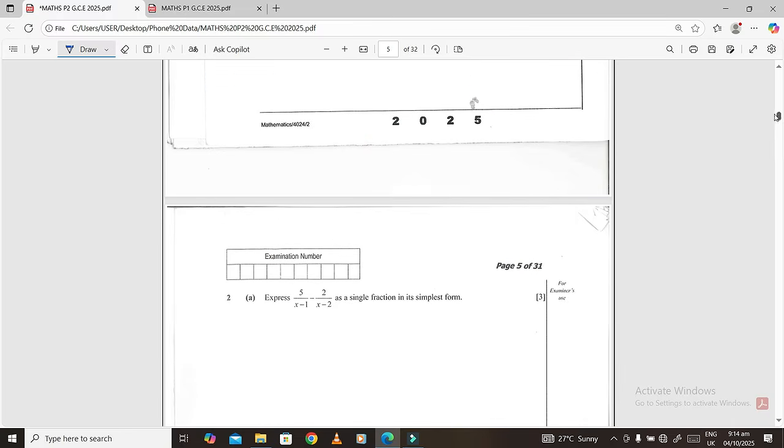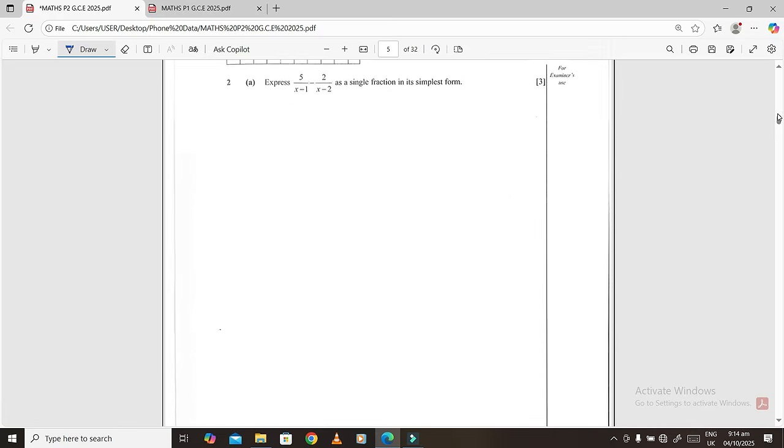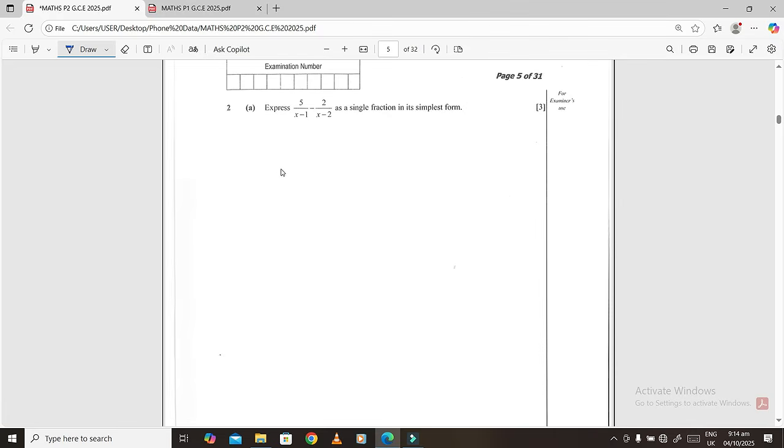So the next question here, it's one of the common questions in algebra paper 2. So here they are saying 5 over x minus 1 minus 2 over x minus 2. So the first thing that we need to do here is to find the lowest common denominator.